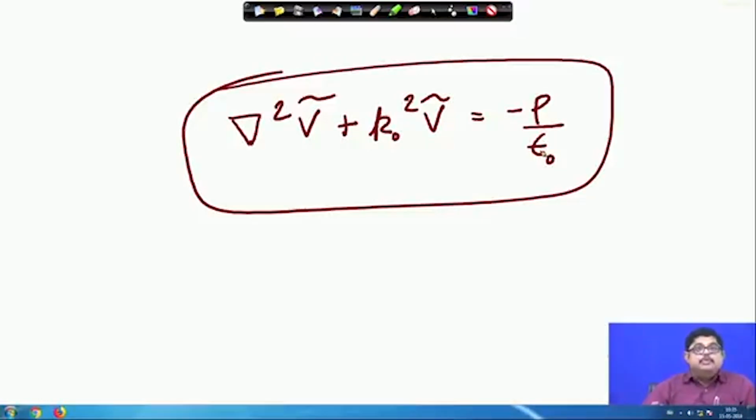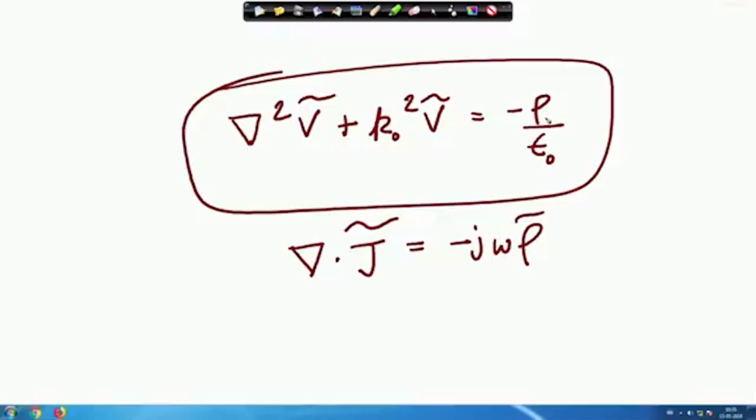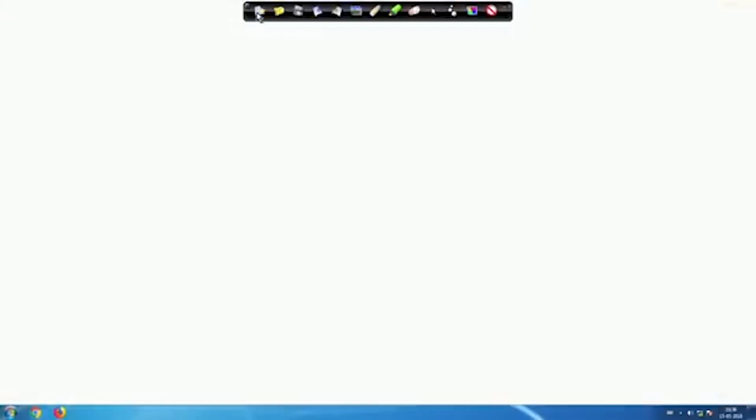Who related them? We know that J and rho in a time-varying field are related by the continuity equation, which is del dot J equals minus del rho by del t, that is, minus j omega rho. So, there is nothing new here, but finding or characterizing rho for a radiating structure is not so easy. Comparatively, characterizing J is easier, that is why we do it.